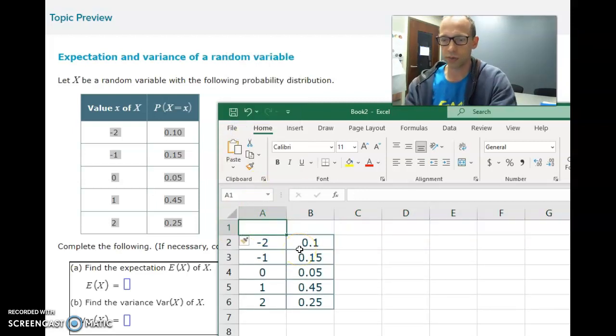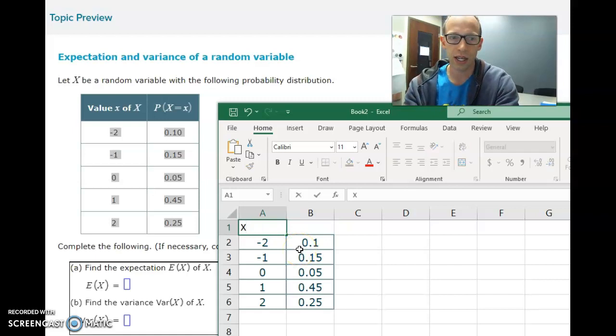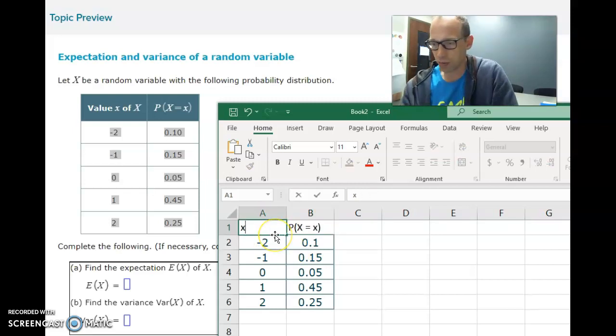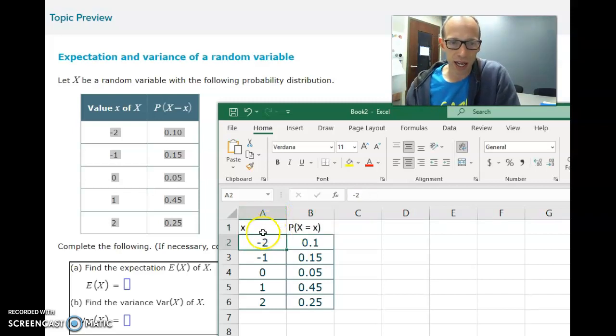You don't need to do this, but just for clarity here, these are the different values of x, and this is the probability that x would equal x. And technically, again, I'm not picky about this kind of thing, but the little x just means the different values that the capital X could take on.